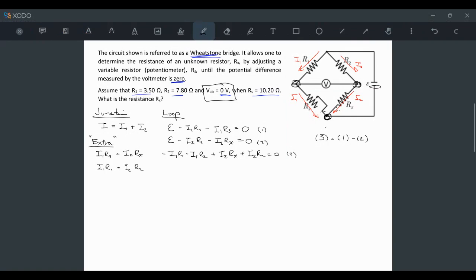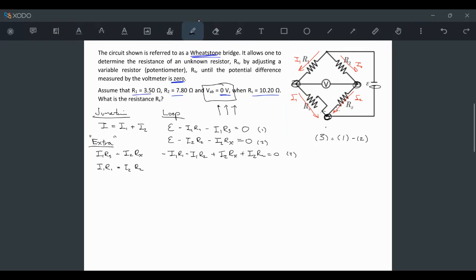And this is only the case, I can't stress this enough, this is only the case when this is true. So this resistor, this potentiometer that you're playing around with, Rs, imagine you're in the lab, you're turning a dial on it. If you have not reached 0 volts, equal potential at A and B as measured by the voltmeter, this analysis doesn't work.